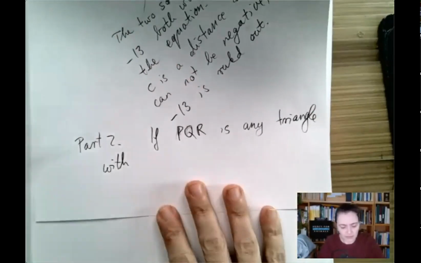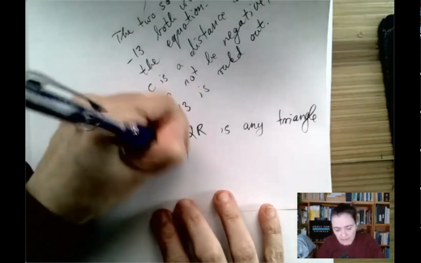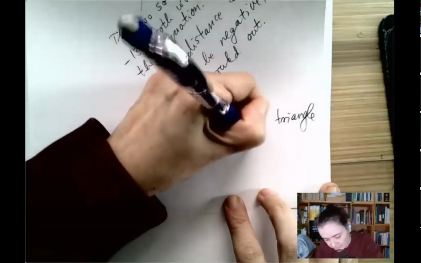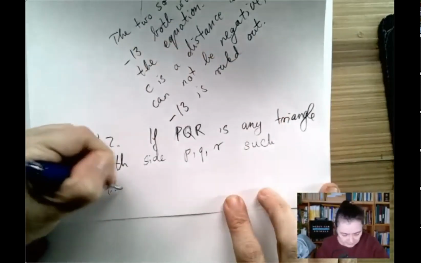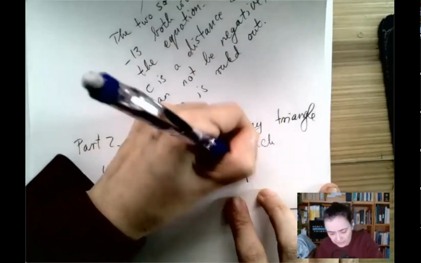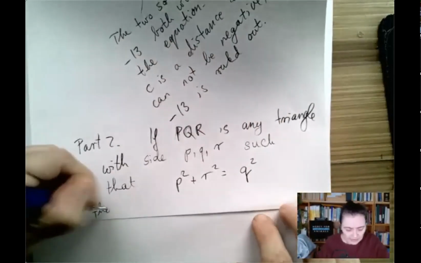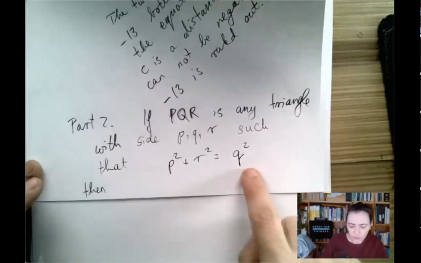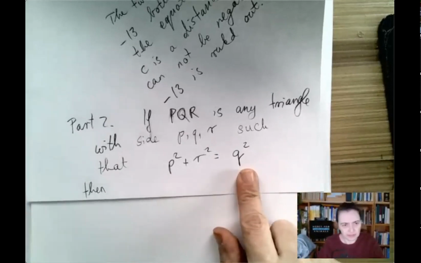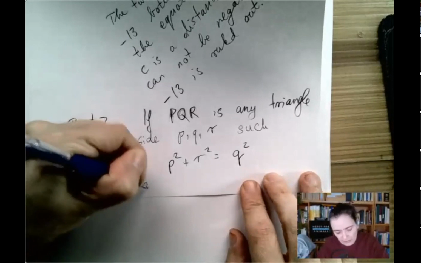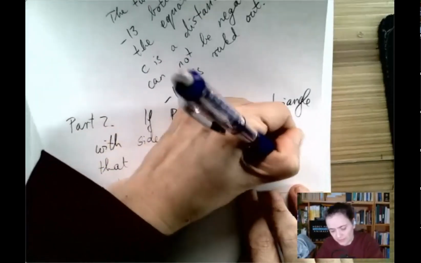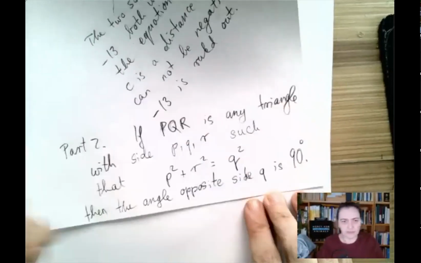PQR is any triangle with sides p, q, and r such that p squared plus r squared equals q squared. Then, in the Pythagorean theorem, whoever is alone, that's the hypotenuse, the longest side, opposite the right angle. Then the angle opposite side q is a right angle, which is the same as 90 degrees.